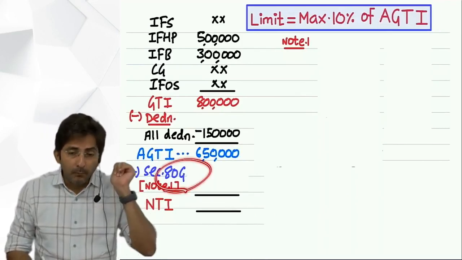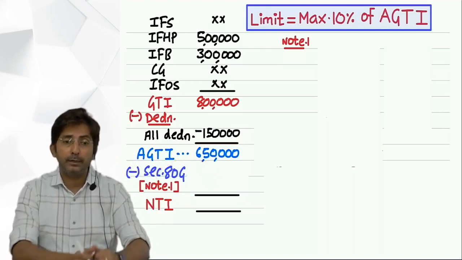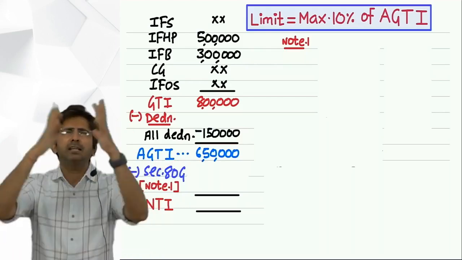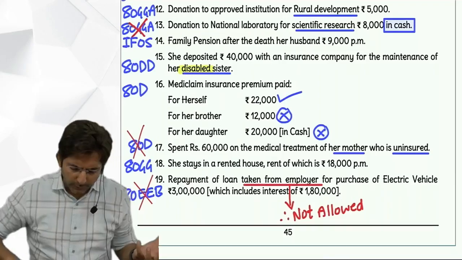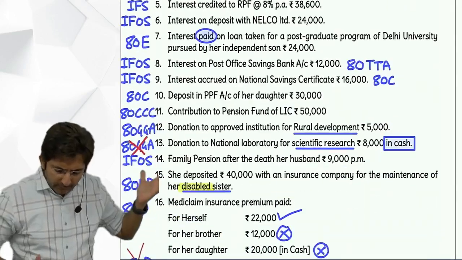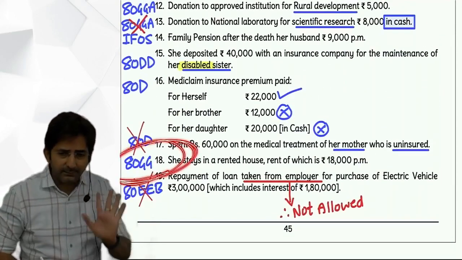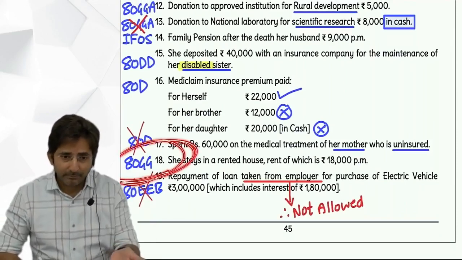So the problem will arise when in one question you have got 80G also and 80GG also. Imagine a question, create a question in your mind. Today we solved a question, see this question. In this question we had 80GG. Imagine there was 80G also.